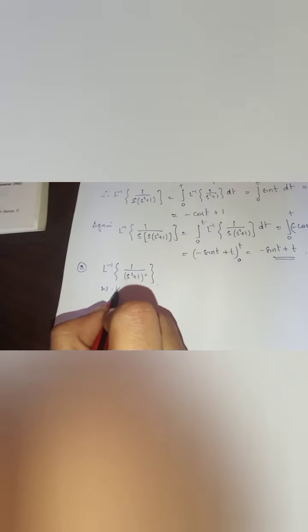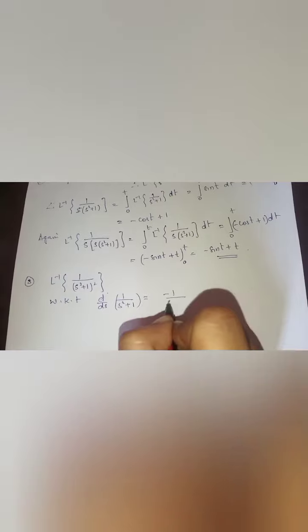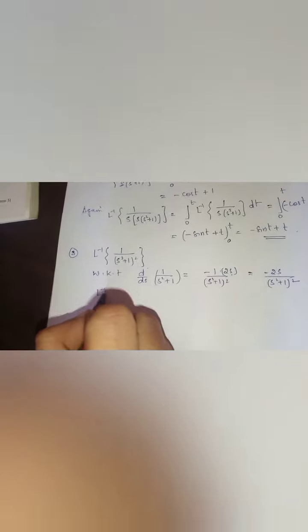We know that derivative d by ds of 1 by s square plus 1 is nothing but minus 1 by (s square plus 1) whole square into 2s. So this is nothing but minus 2s by (s square plus 1) whole square. Applying Laplace inverse, first to get the square we will take the derivative.